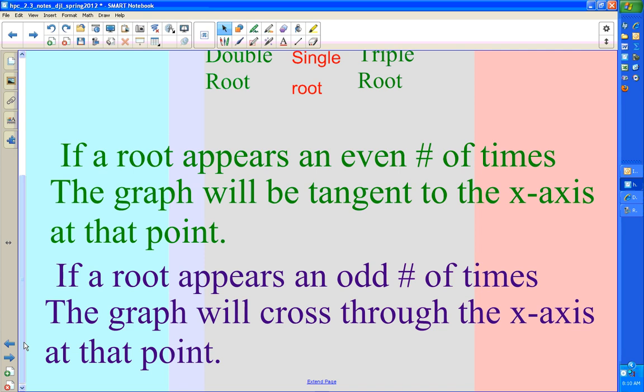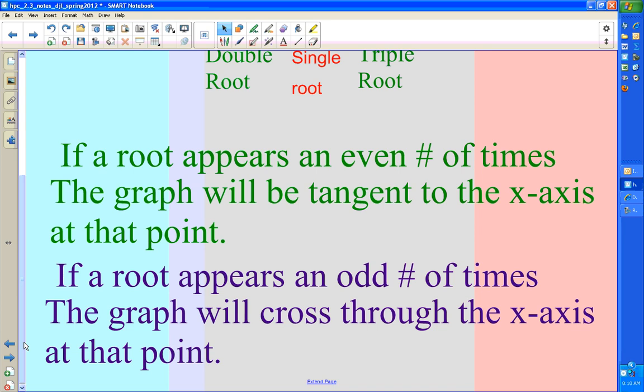If it's a triple or 5 or 7, any other odd root, the graph will inflect, which means it will wiggle through at that point, and I'll show you exactly what that looks like in a moment. Singles for odd roots, straight through. Any other odd, 3, 5, or 7, it's going to inflect when it goes through the x-axis.